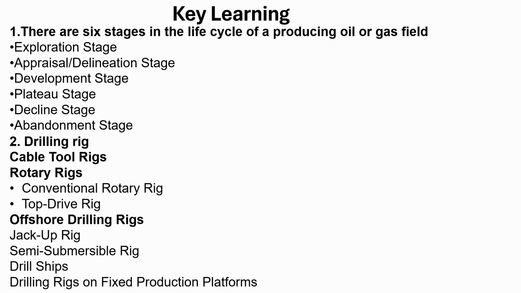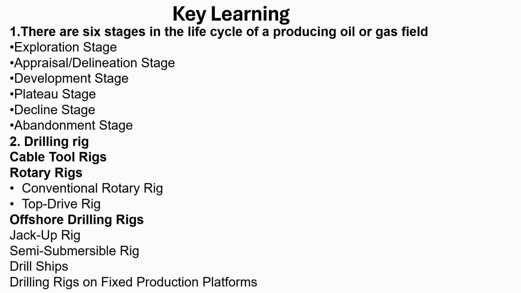This slide summarizes two big ideas. First, there are 6 stages in the life cycle of a producing oil or gas field: exploration, appraisal or delineation, development, plateau, decline, and abandonment.